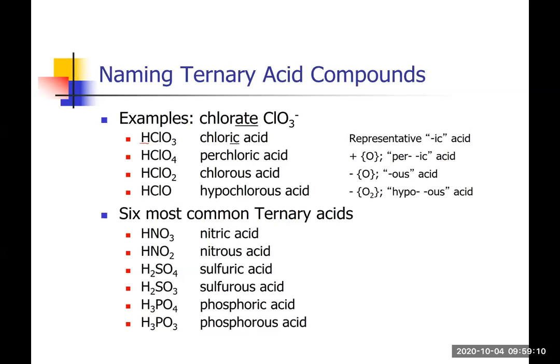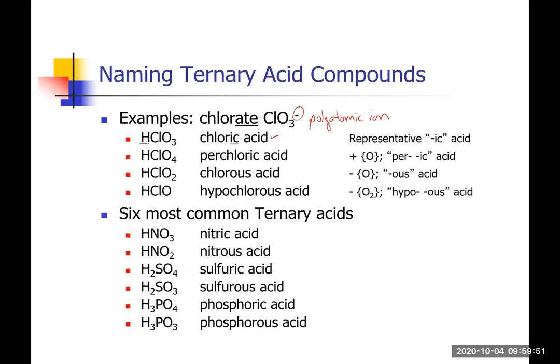Since chlorate has a -1 charge, then we're going to need one hydrogen with its +1 oxidation state to neutralize this compound. So chlorate is our polyatomic ion, which we've memorized with its charge. And so we know we're going to convert the -ate to -ic when we name this. We do not use hydrogen. We do not use hydro. So the name of this oxyacid is chloric acid.